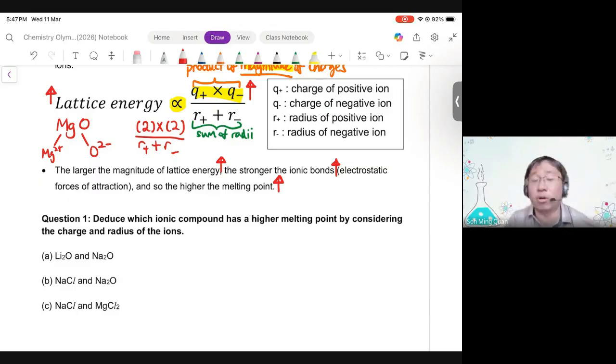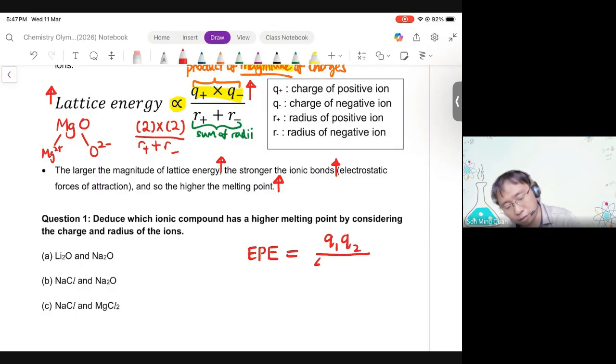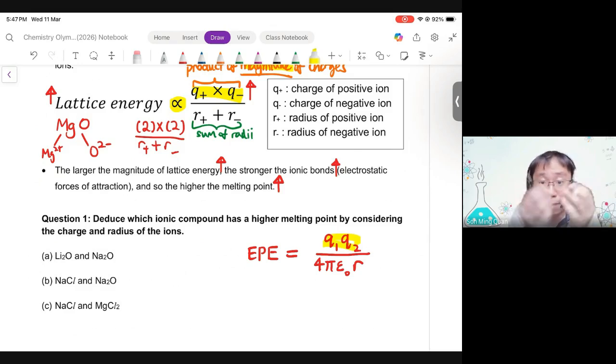Electric potential energy also has its own formula. In case you're wondering, okay, it's a very complicated formula, but you can start to realize some similarities, right? Q1, Q2 means two charges times together.